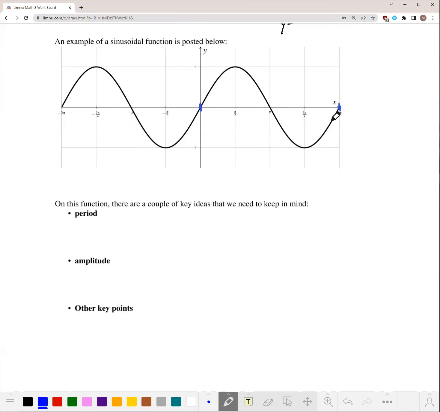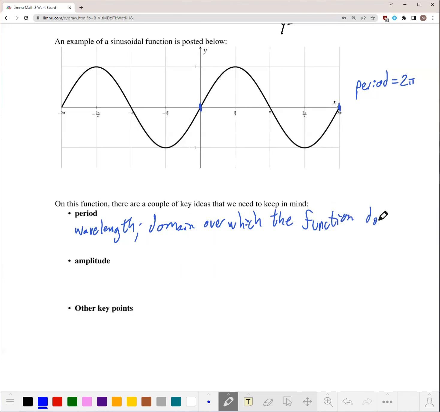So in this case, our period would be equal to 2 pi. So this is essentially our wavelength, or the domain over which the function does a full cycle.